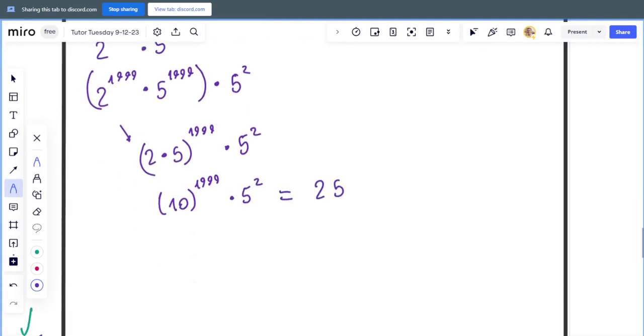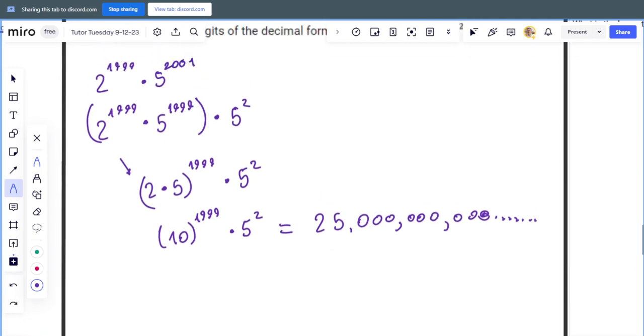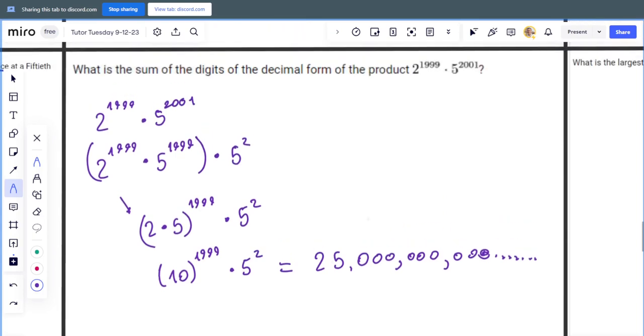So that's going to be 25 and then a bunch of zeros. Because 10 to the 1999 is this huge number, it's just going to keep on going forever. When we multiply by 5 squared, or 25, the 1 goes away and we're just left with the 25, or 2 and 5 as the leading digits. And then all the other digits are zeros.